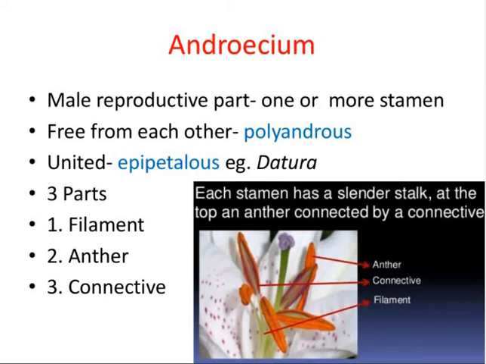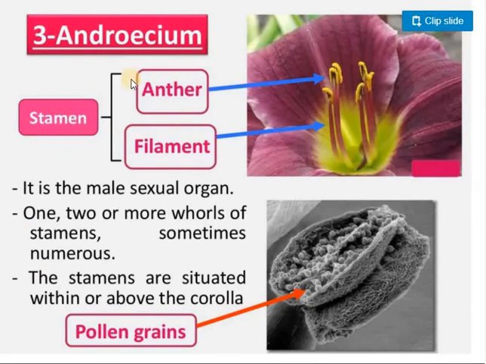The region where the filament is connected to the anther is called connective. So these are the filaments, this is the anther, and the point of fusion is called connective.